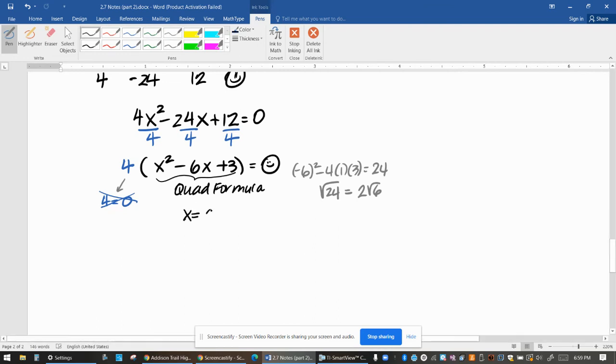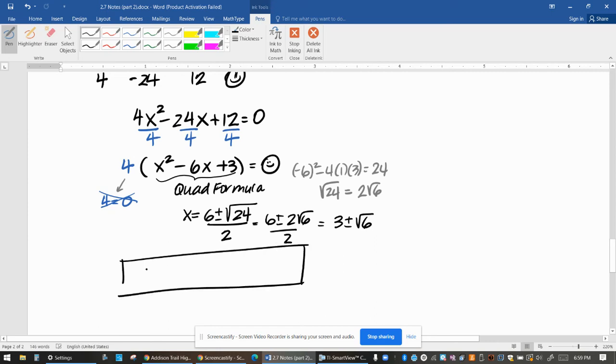Okay, x equals the opposite of b plus or minus the square root of b squared minus 4ac, which we said was 24, all over 2 times a. Simplify. And you get 3 plus or minus root 6.